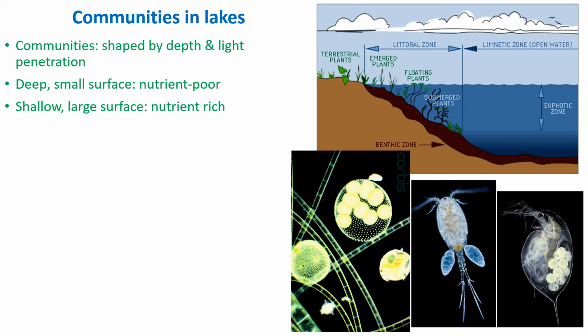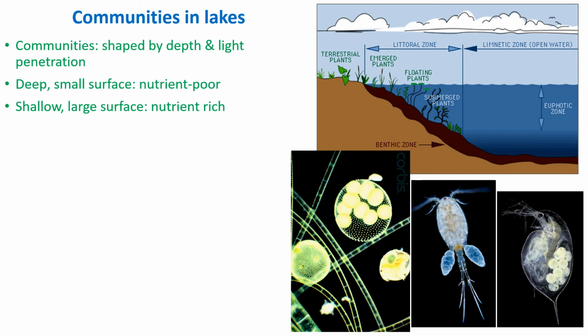And also because the surface area of the lake is small, that particular lake may not intercept a greater extent of surface runoff after precipitation. So the supply of nutrients to that kind of lake is going to be lower, and if the water volume is greater in that kind of lake, the nutrients are going to get diluted. Hence, ultimately, you're going to have a nutrient deficient or nutrient poor lake.